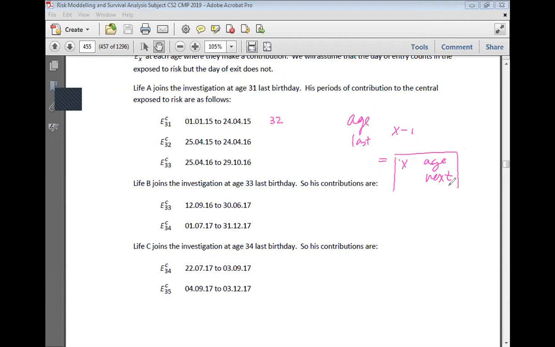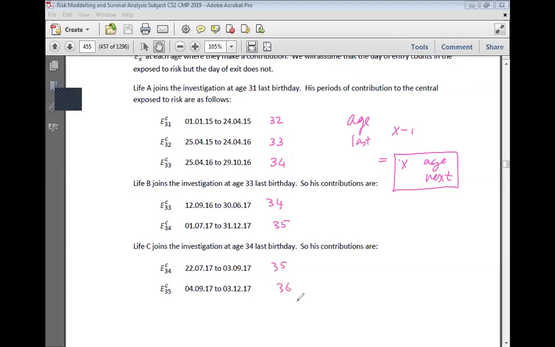Do you guys agree with this? And for 32, I'm going to have 33. And for 33, I'm going to have 34. And a similar thing for this person as well: 34, 35, 35, and 36.